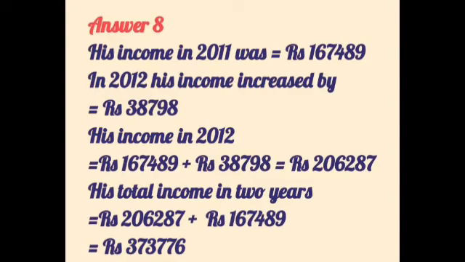His income in 2011 was this, and in 2012 his income increased by this. So we have to add both the numbers. The income in 2012 is 2,06,287. Now his total income in 2 years, we add the 2011 income and the 2012 income. So our answer will be 3,73,776.